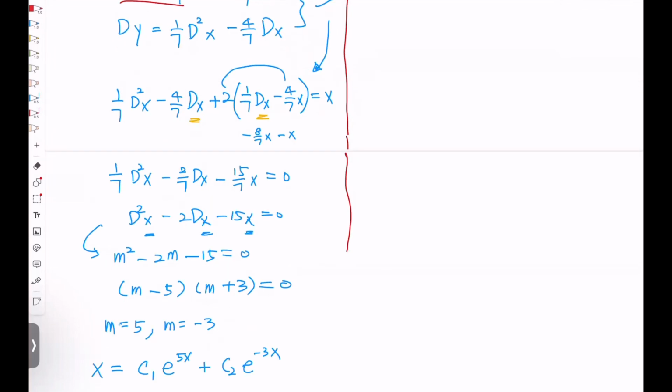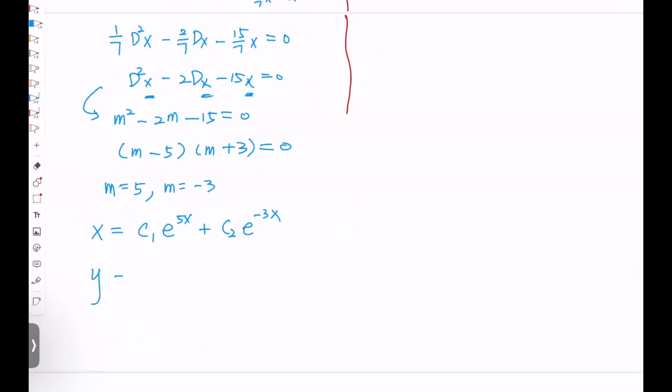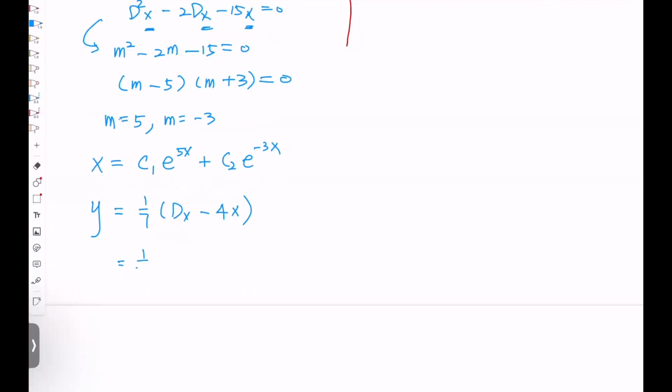We have y equals 1 over 7 dx minus 4 over 7 x. Use that. So that is 1 over 7 of dx, 5c1 e to the 5t minus 3c2 e to the negative 3t, minus 4x, c1 e to the 5t plus c2 e to the negative 3t.